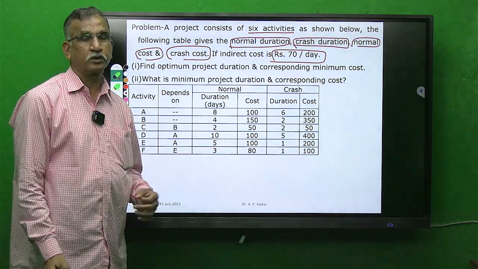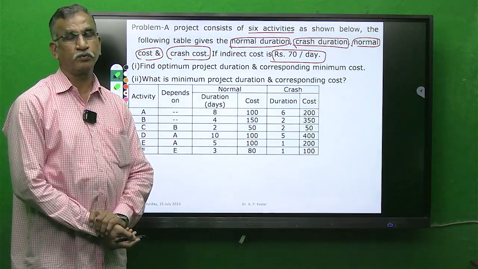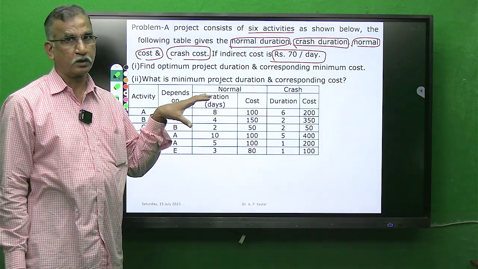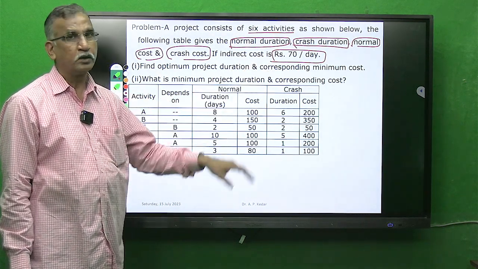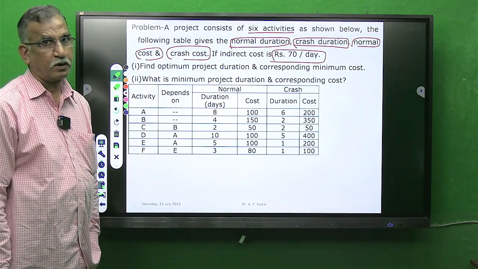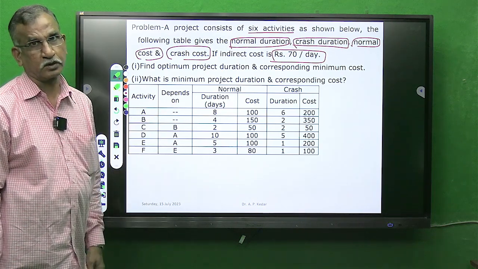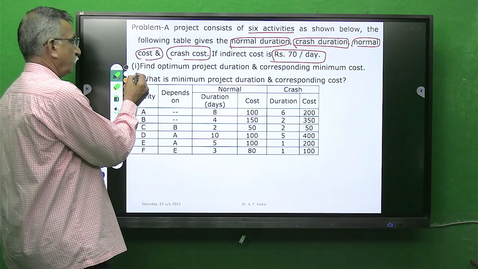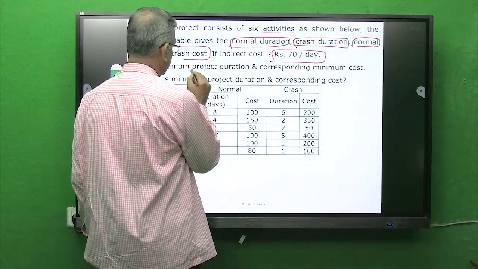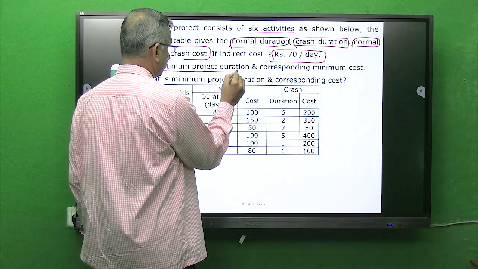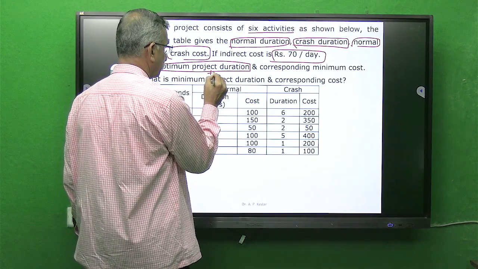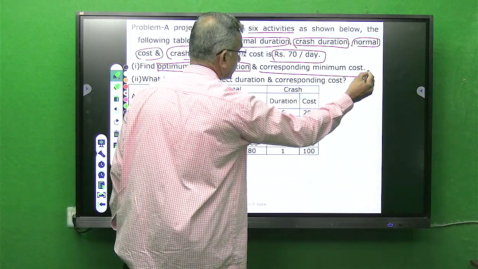In this numerical, you have to be very careful about units. Don't forget the units for the days, for the activities, and what is the unit of cost. Find the optimum project duration. Optimum project duration means what is asked is TO and the corresponding minimum cost.